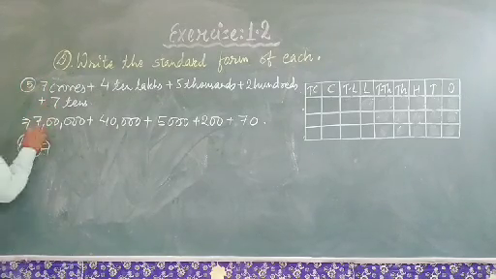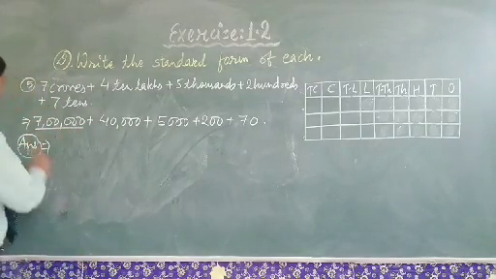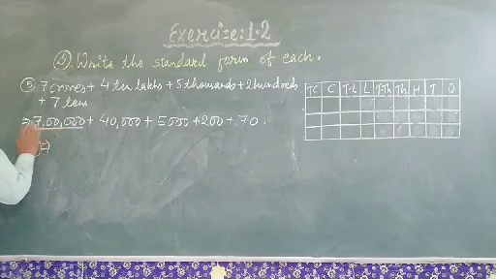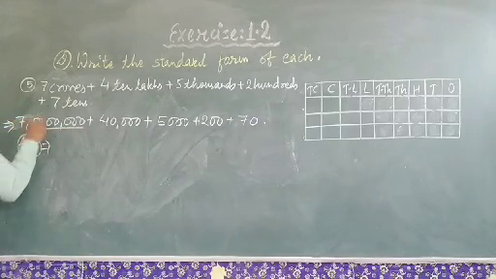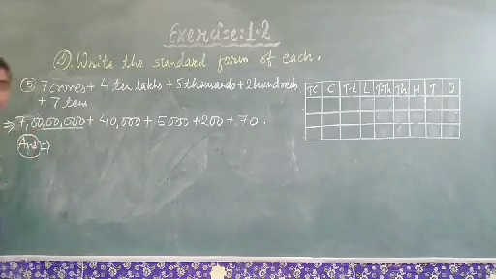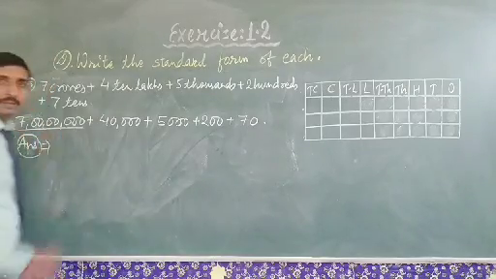So 7 crore means 7 crore. Ones, tens, hundreds, thousands, ten thousands, lakh, ten lakh, crore. First write 7 crore.